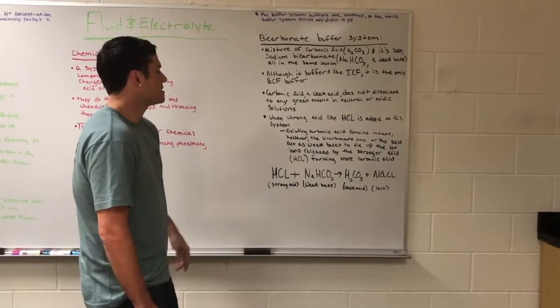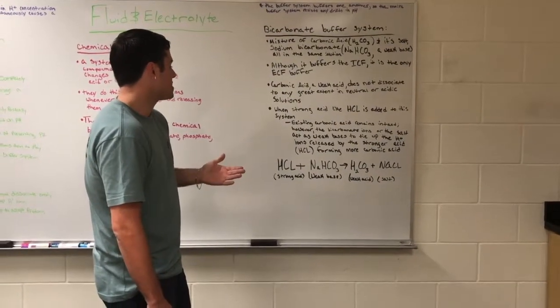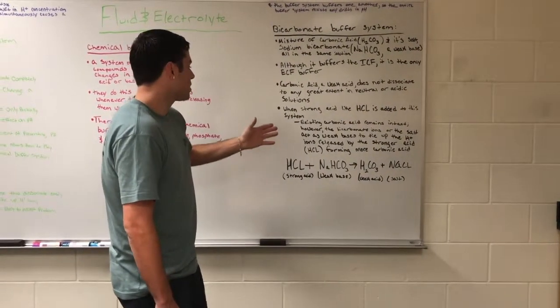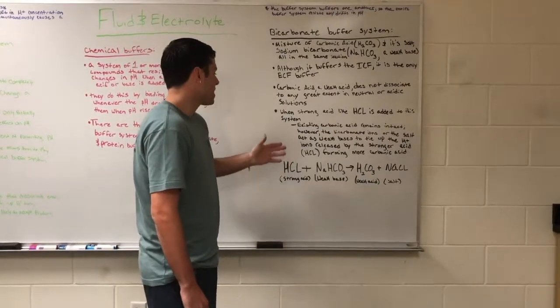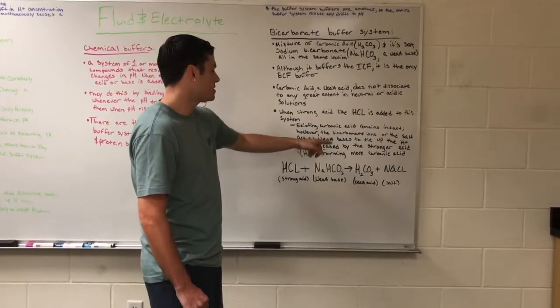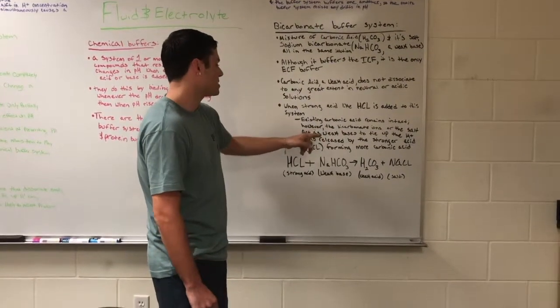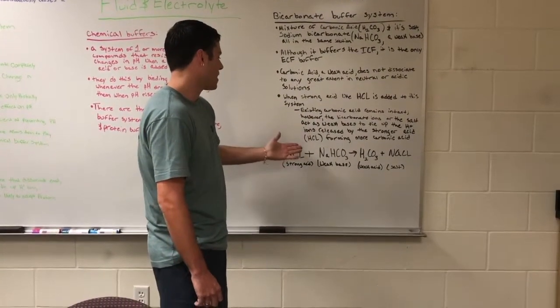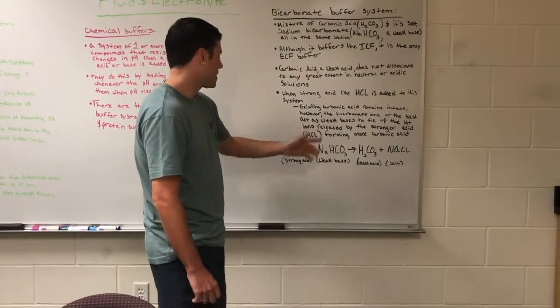When strong acids like HCl are added to this system, existing carbonic acid remains intact. However, the bicarbonate ions, or the salt, act as a weak base to tie up the hydrogen ions released by the stronger acid, hydrochloric acid, forming more carbonic acid.